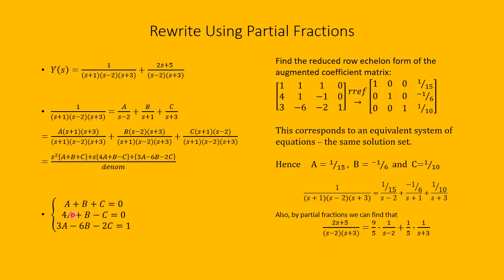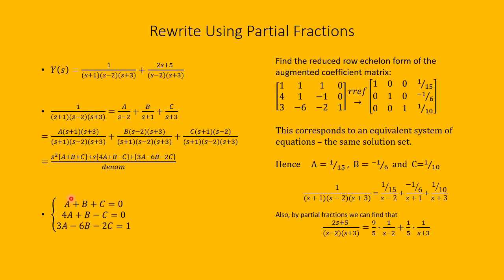Okay, so we need to solve these three equations in three unknowns, and hopefully you've seen solutions of systems of linear equations before. There are many methods to do it. We could start by writing the augmented matrix for this system of equations.